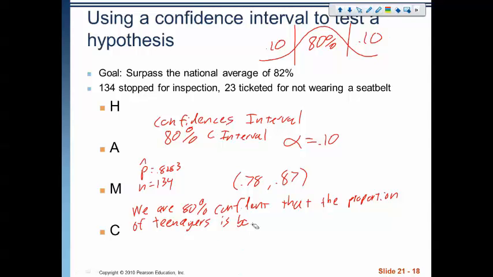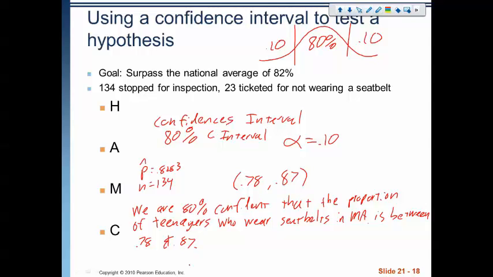Let's get the context correctly here, otherwise we're losing points on our AP test. Who wear seatbelts in Massachusetts, actually, in MA is between 0.78 and 0.87.